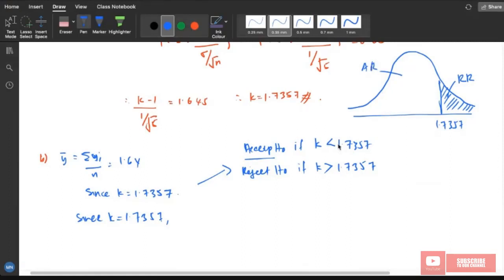When the value of Y bar is less than K, we are going to accept null hypothesis. When it is more than K, we are going to reject null hypothesis.